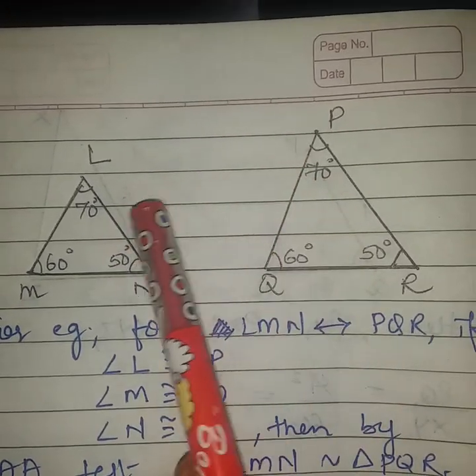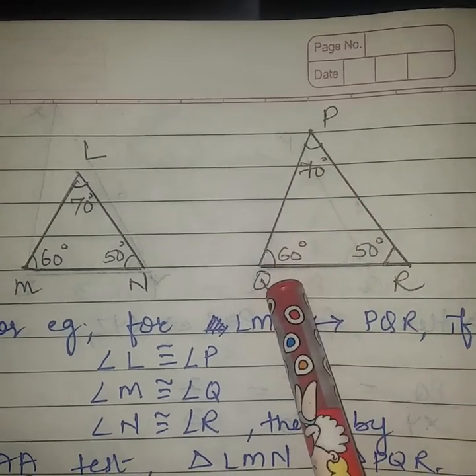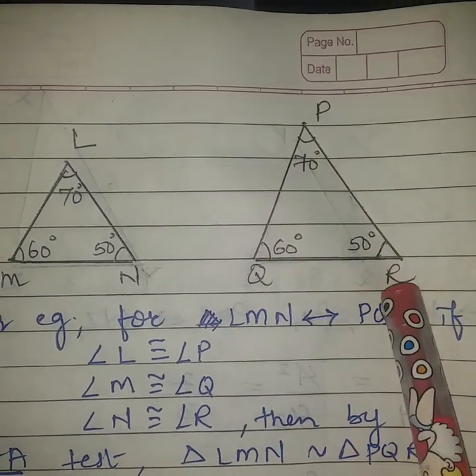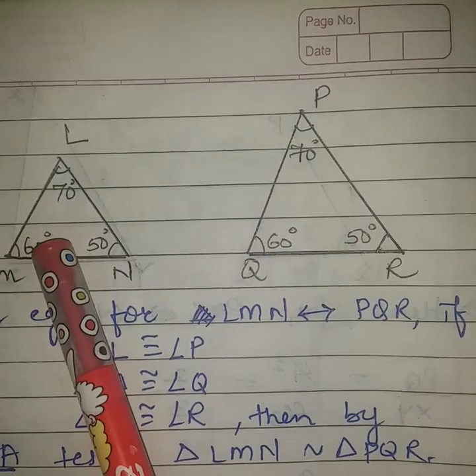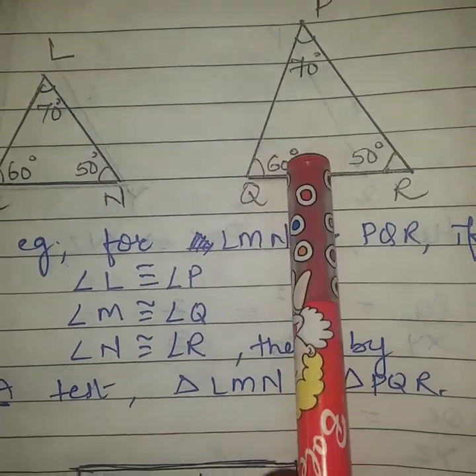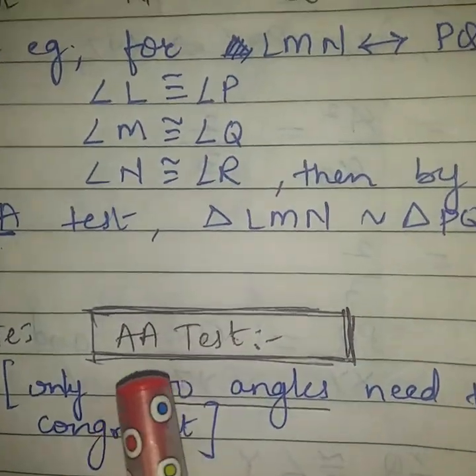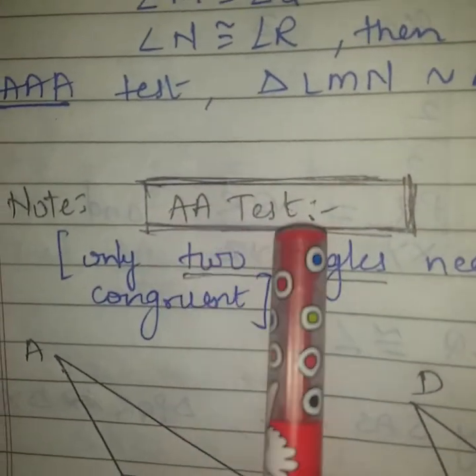Similarly, if the two angles here are congruent, that means P and Q are also 70 and 60 degrees, then definitely the third angle R will come to 50 degrees. So if two angles are congruent in a particular triangle, the third angle will also be congruent. That is why the AAA test can be taken in a simpler form, the AA test for similarity, the simplest of all the tests.